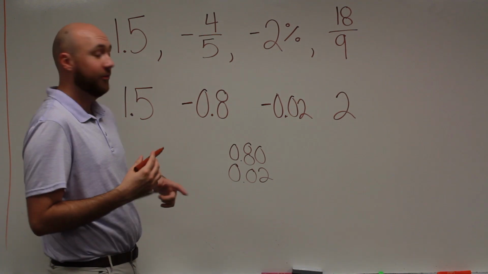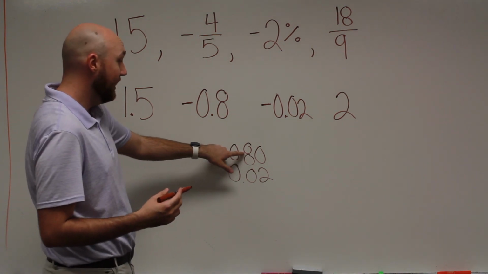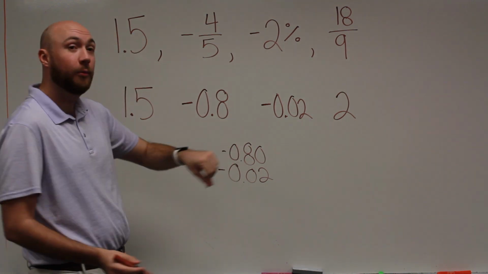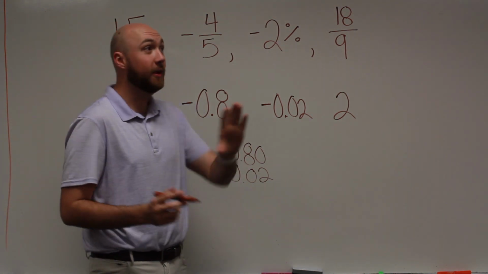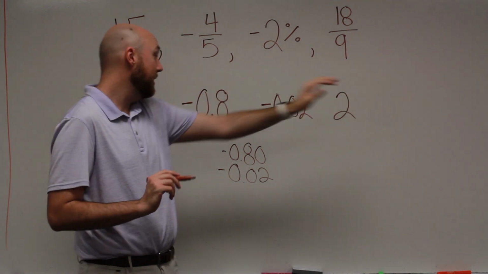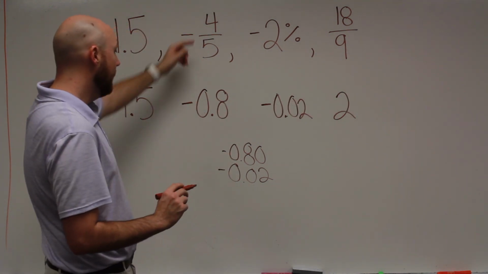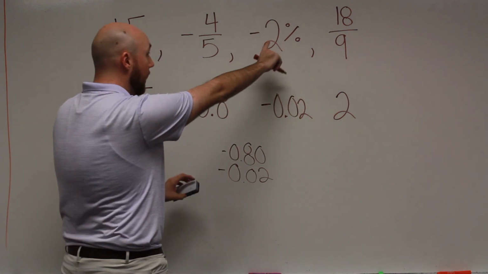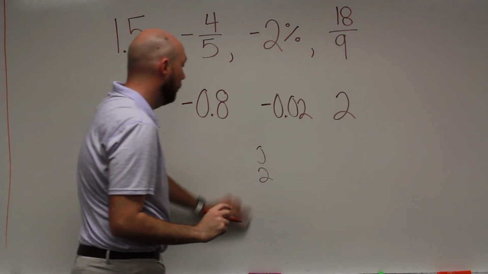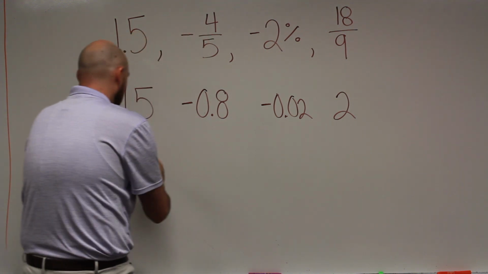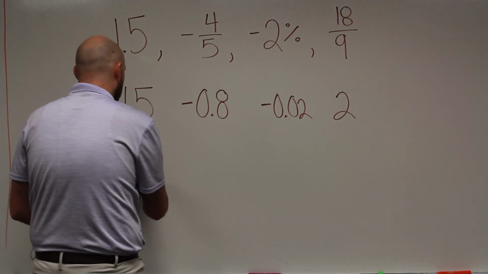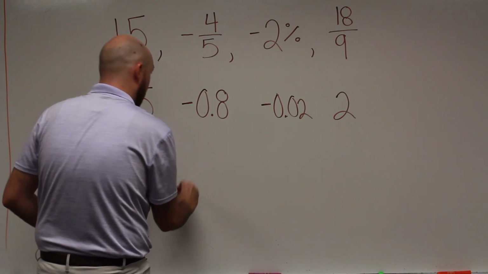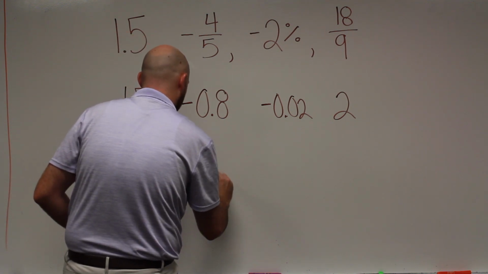Where we're going least to greatest again, the bigger number is 0.8. Since these are negatives, 0.8 is going to be my smallest number because it is further to the left on my number line. So negative 8/10, or negative 4/5, is going to come first, and then my negative 2% is going to be second. So if I'm reordering, I'm going to do negative 4/5, comma, negative 2%.